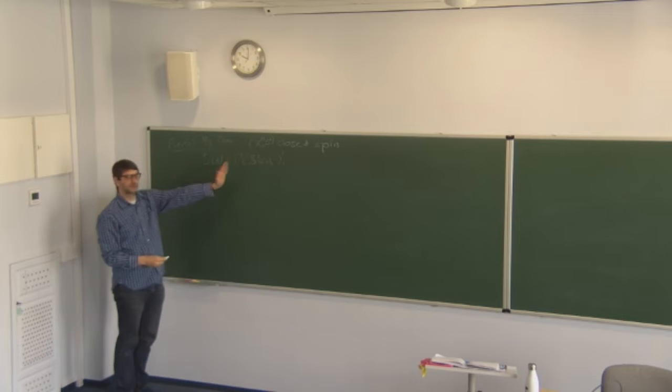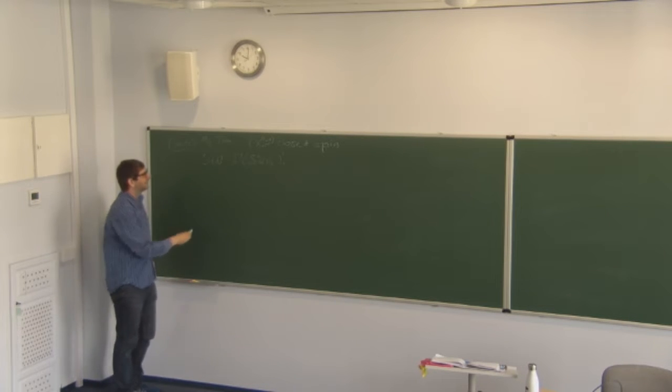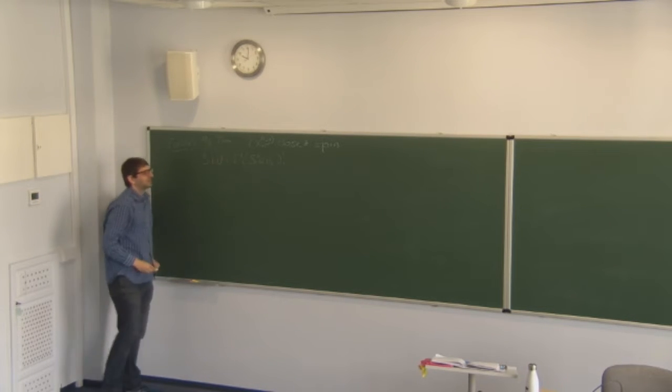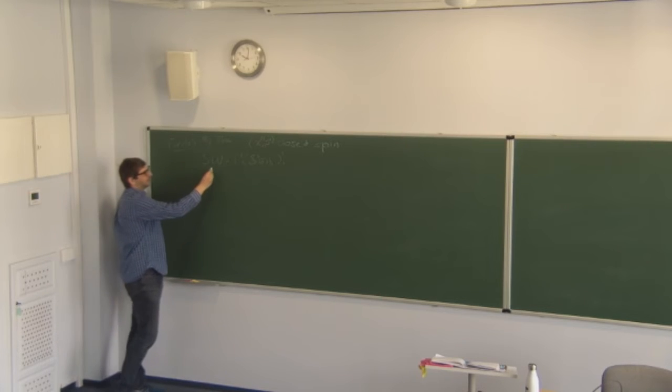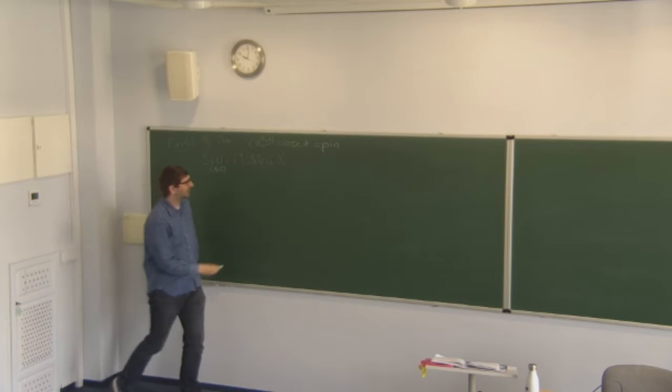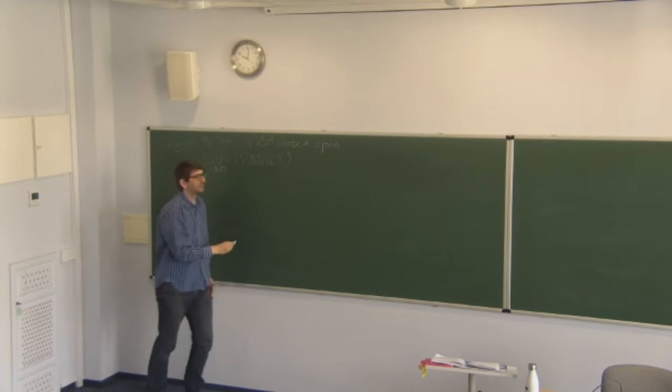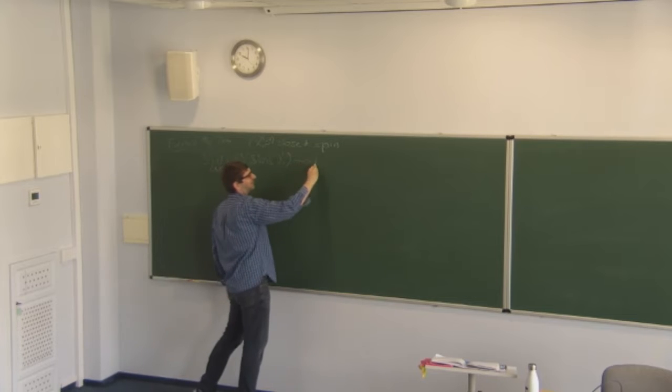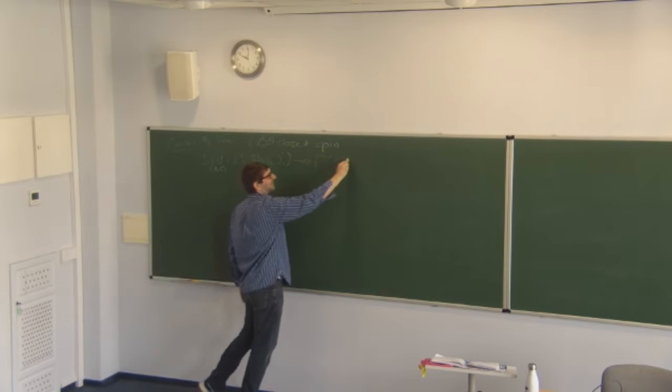So you have some closed spin four-manifold, and we constructed a map associated to it. So this is really SW depending on our choice of X and S. And it went from sections of one vector bundle to sections of some other large vector bundle on X.